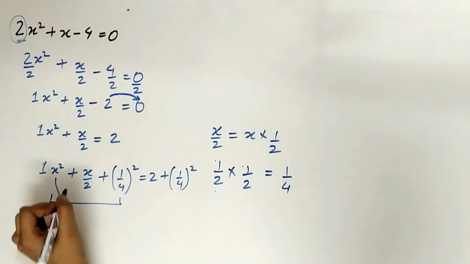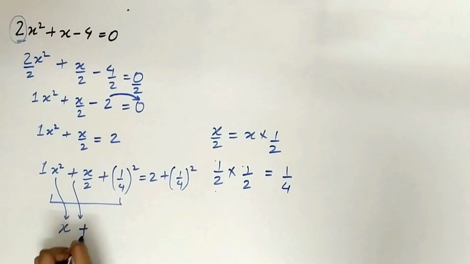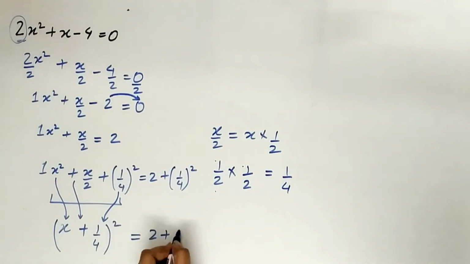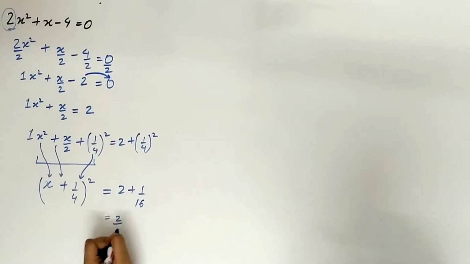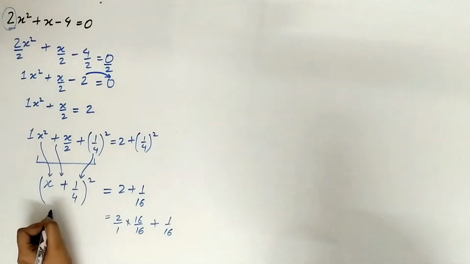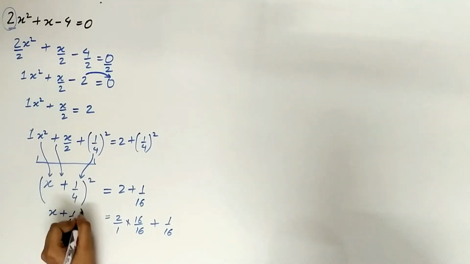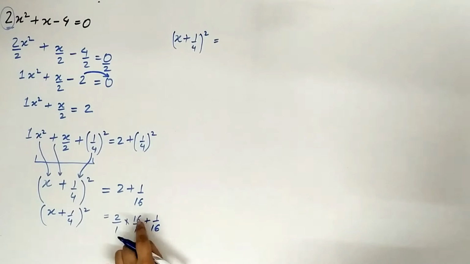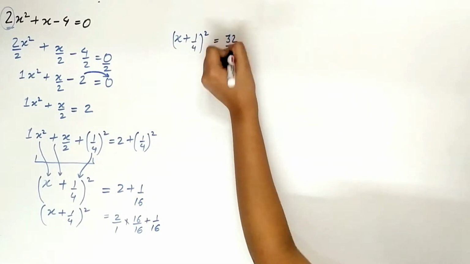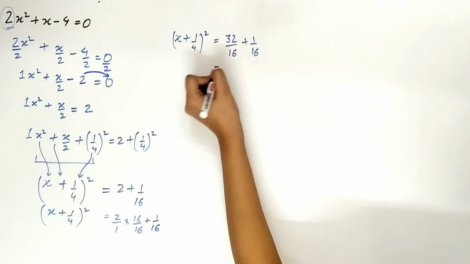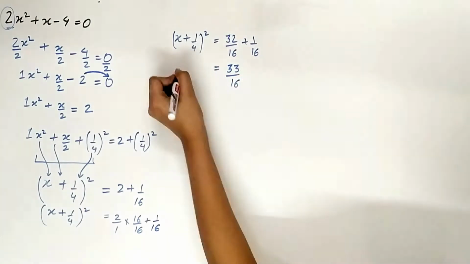So write it down, x plus 1 by 4 whole square is equal to 2 plus 1 by 16. 2 by 1 multiply by 16 plus 1 by 16, it's equal to x plus 1 by 4 whole square is equal to 2 multiply 16 is 32, 1 multiply 16 is 16 plus 1 by 16 equal to 33 by 16.